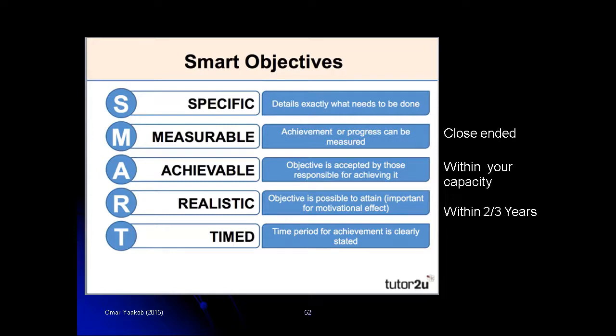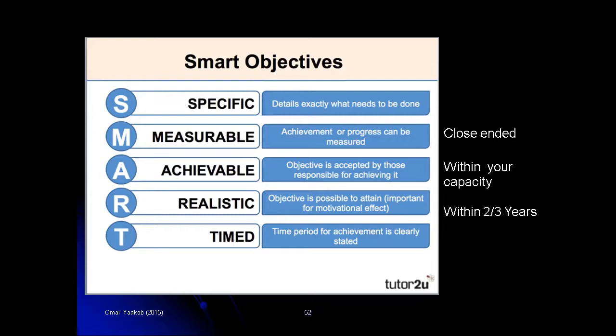By the end of your study, whether it's 2 years or 3 years or 5 years, we can measure that you have achieved your objective. Have you achieved your objective? Yes. Okay, and you give me what is it that you have achieved. Okay, it is achievable, and it is realistic, and it is within the time period.